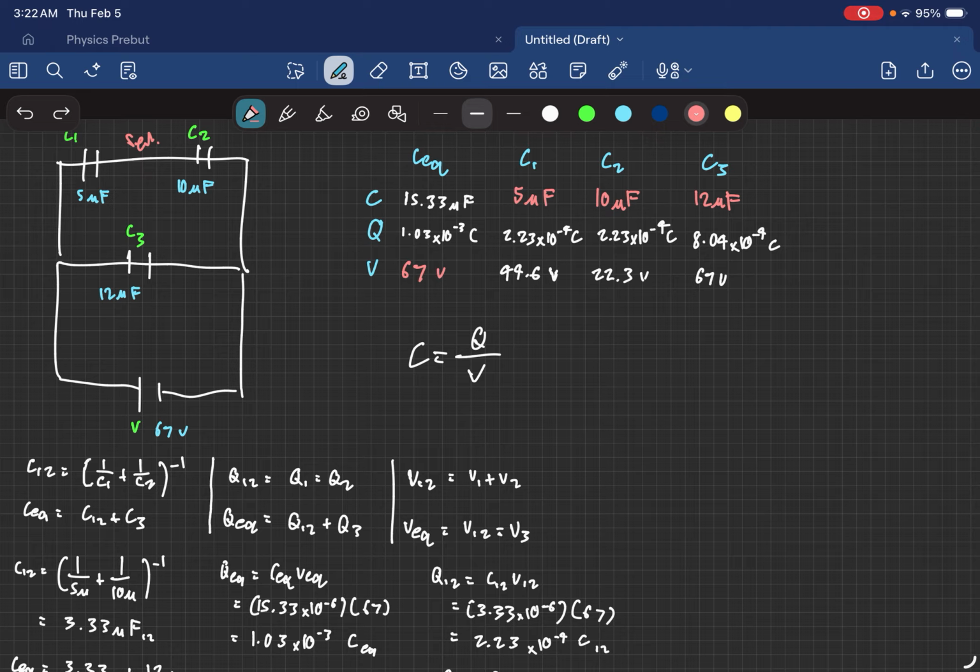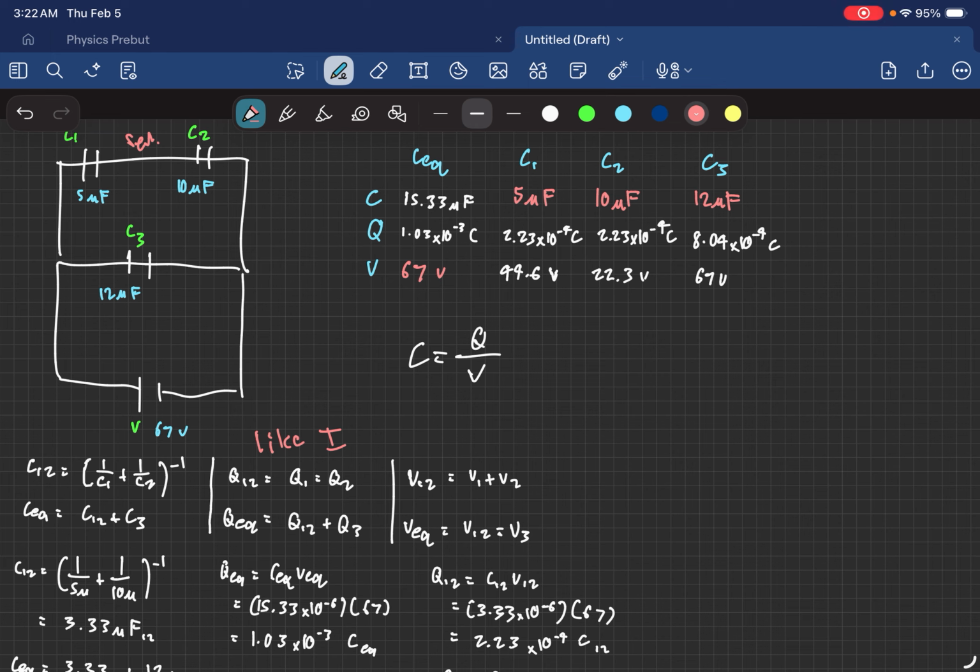Then again, the process, we structure our other equations. Q is charge. Q functions the same way as current in capacitance circuits.